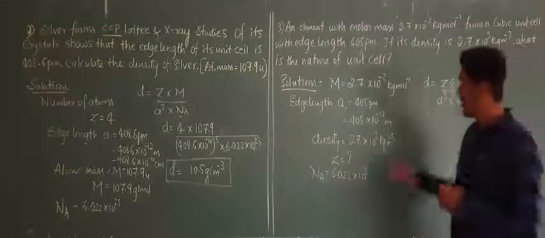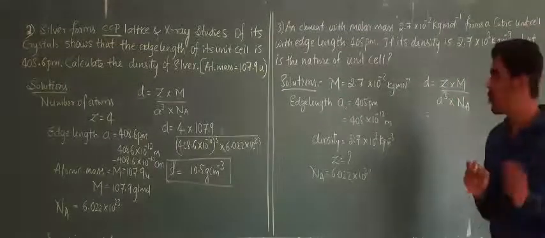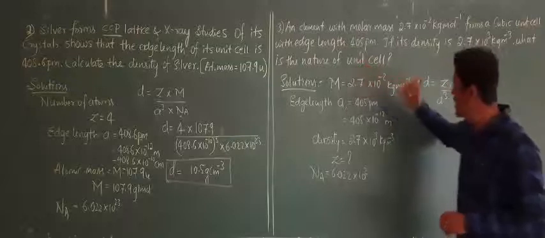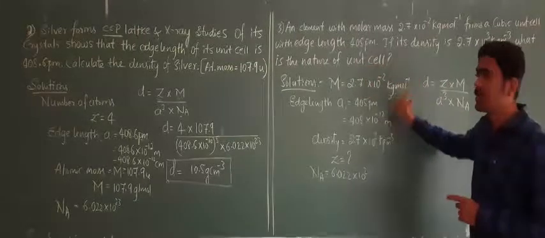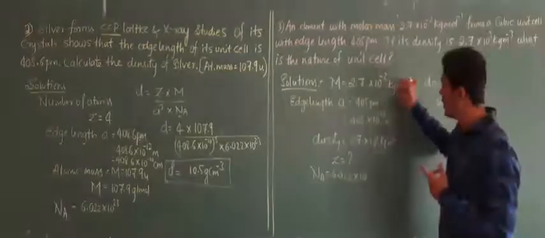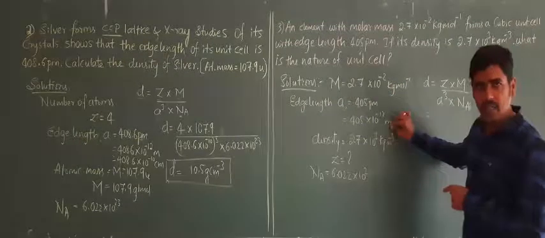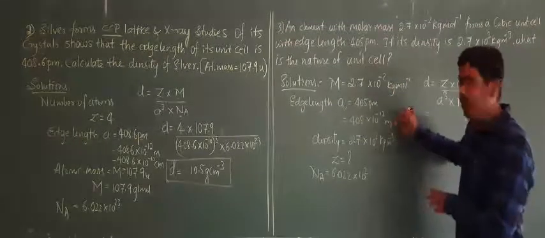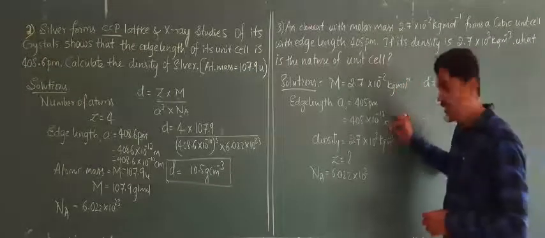So here I will substitute all the values directly because the mass is given in kg, and when it is given in kg, the edge length should be in meter, which is already in meter only. If it is in gram, then you have to convert the edge length into centimeter.